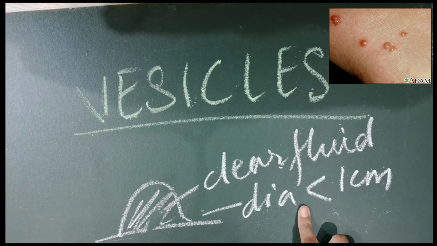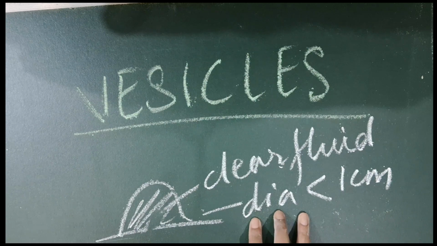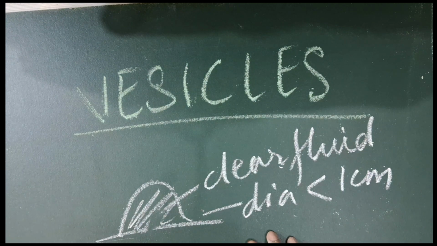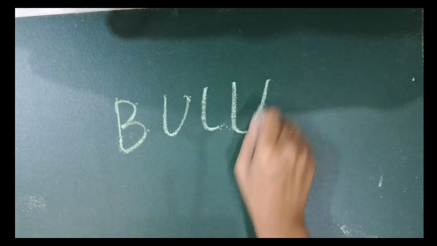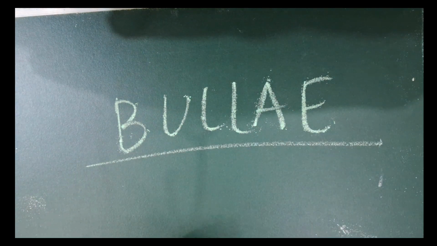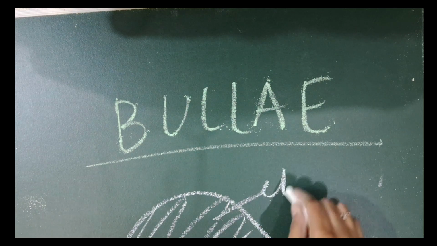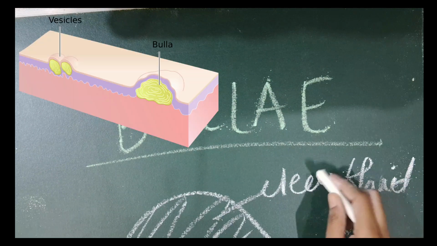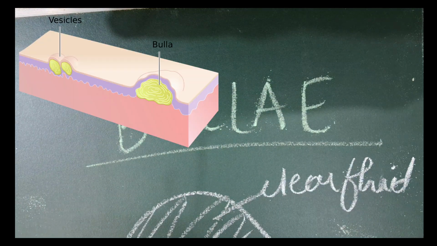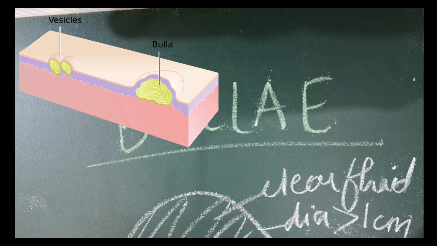Now if the diameter of the blister is more than 1 centimeter, if they are bigger blisters, what do we call them? Bullae. So the next is bullae. Bullae are again a big elevation filled with clear fluid, and the diameter is more than 1 centimeter.